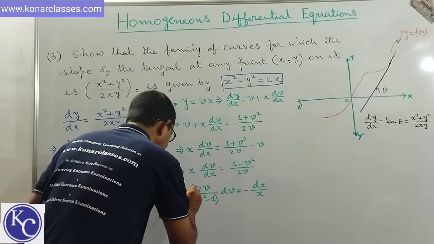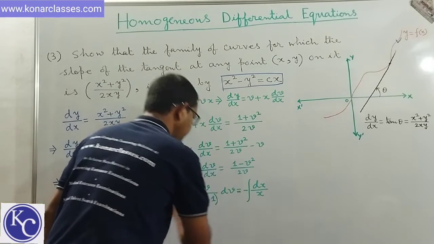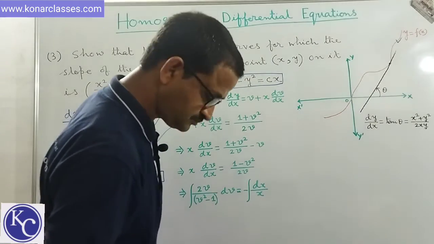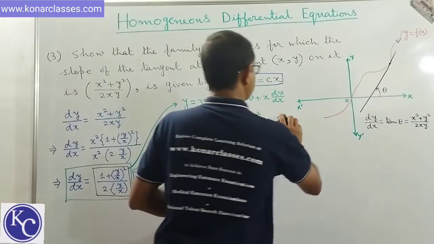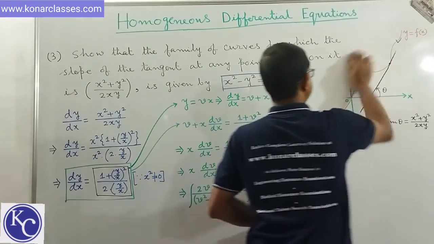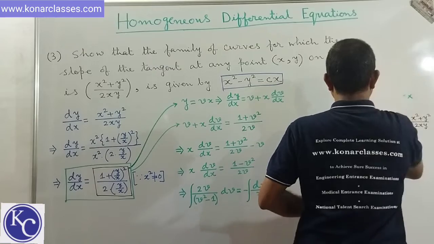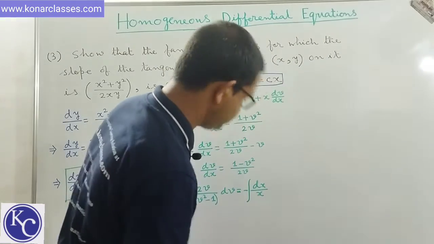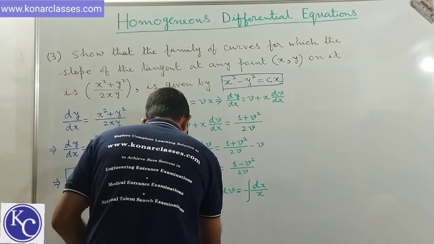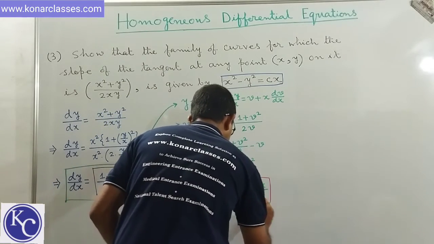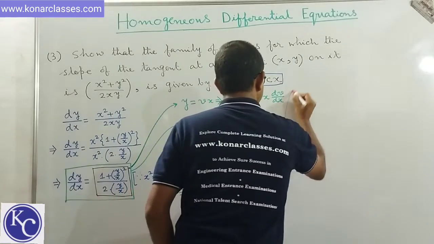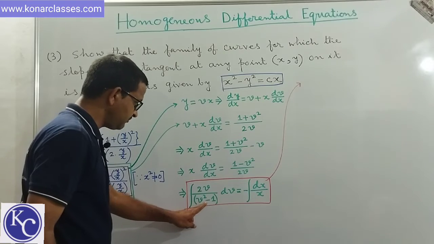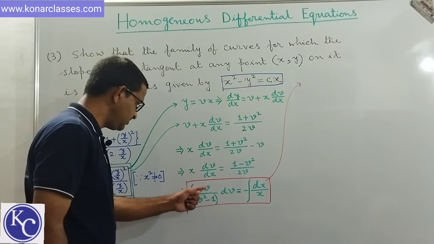Now let's perform the integration of both the sides, correct? As we see, dear students, the differentiation of the denominator, that is the differentiation of v square minus 1, is 2v, which is the numerator.